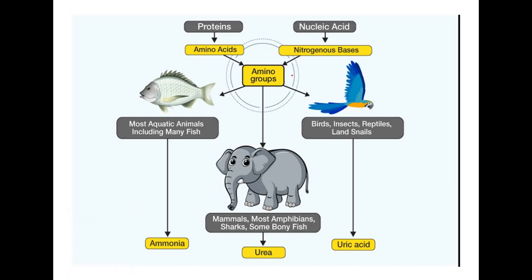different nitrogenous wastes which are produced by breakdown of nucleic acids and proteins, forming amino groups. These amino groups produce nitrogenous waste. Aquatic organisms like many fishes produce ammonia as their nitrogenous excretory waste.